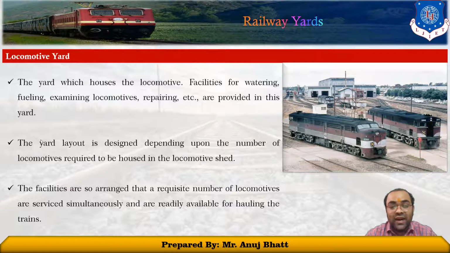The yard layout is designed depending upon the number of locomotives that have to be accommodated in that house. The facilities are so arranged that a requisite number of locomotives are serviced simultaneously and are readily available for hauling the trains.